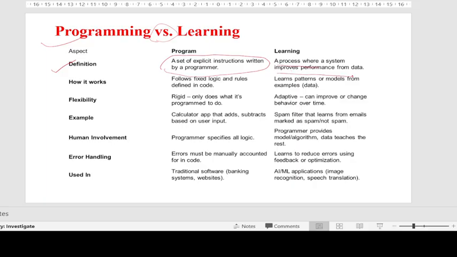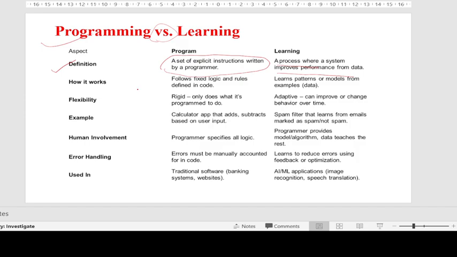It is not like a programmer writing everything. It will improve its performance on its own. Some process is defined, and from that process, using data, it will improve by itself. There is no explicit program saying do this or that. That is learning.